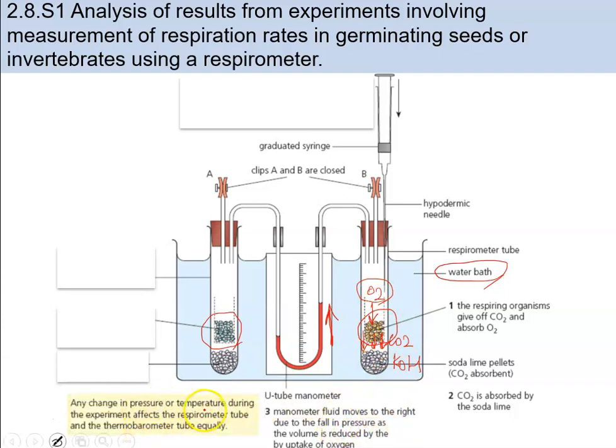Any change in pressure or temperature during the experiment affects the respirometer tube and the thermobarometer tube equally. So this shows a control and a constant between both, equal between both in temperature and everything except the usage of the oxygen by the organism.